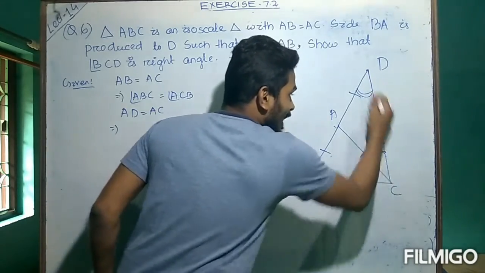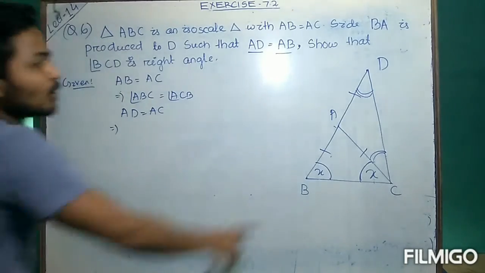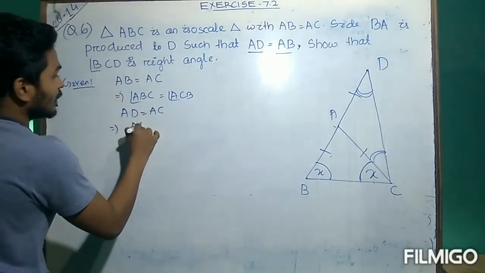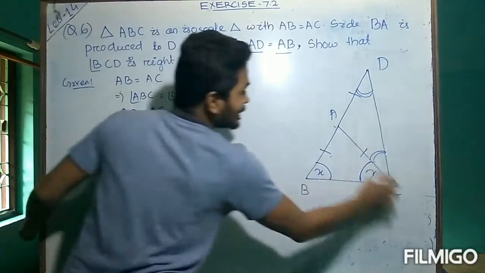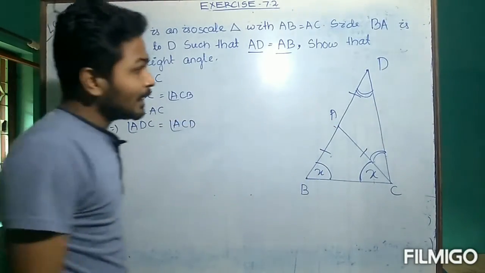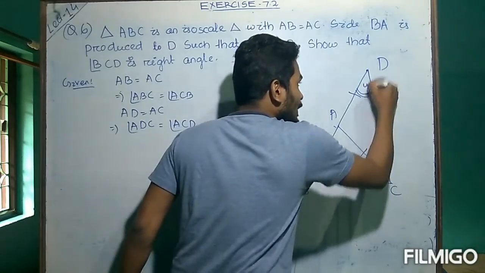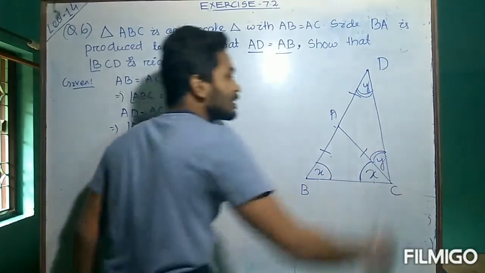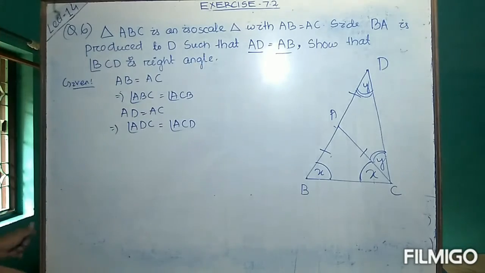So this angle and this angle are also equal. So angle ADC is equal to angle ACD. If we take this angle to be y, then this angle is also y. Clear?